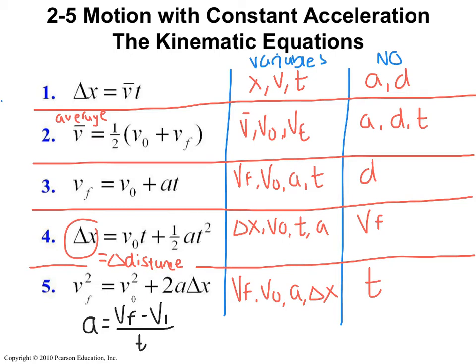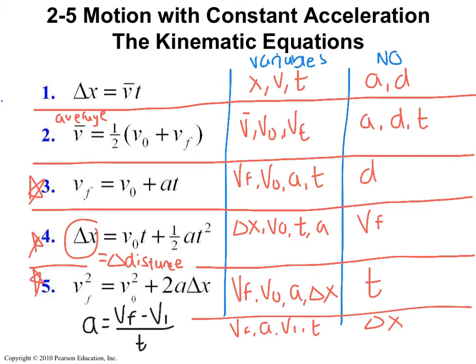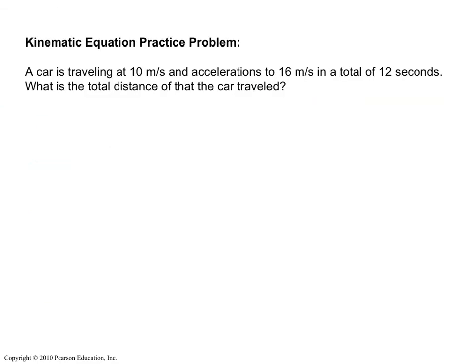So in this situation, I have VF, acceleration, VI, and T. What I don't have is delta X. Just a note that these are the equations that are given to you on your AP test.